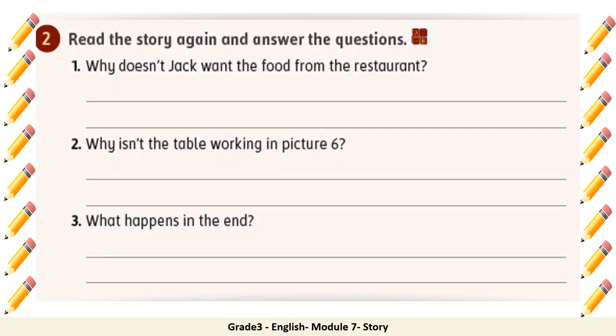Here I have another activity for you about the details of the story. In this activity, I want you to read the story again and answer the questions. Number 1, why doesn't Jack want the food from the restaurant? Number 2, why isn't the table working in picture number 6? Question number 3, what happens at the end of the story?